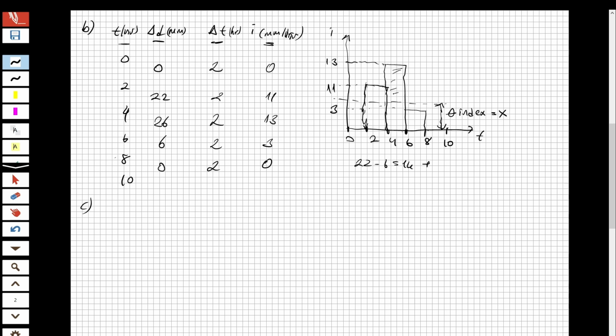and I'm going to calculate this area. We are going to assume that the phi index is 3. So this is 2 multiplied by 13 minus 3 is 10, 2 times 10 is 20. 34 is greater than 26, so it is not 3, it is above 3.